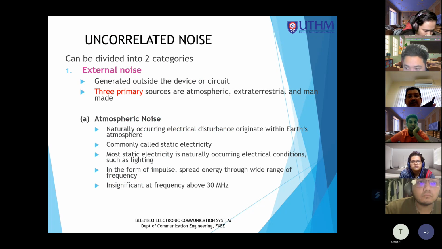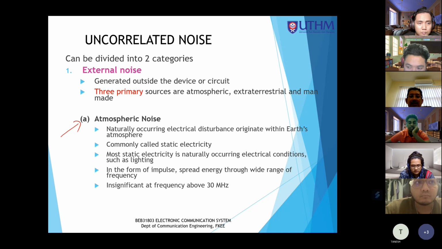So external noise is generated outside of the device or circuit. So there are three primary sources of the external noise, which are the atmospheric noise, extraterrestrial noise, and also the man-made noise.